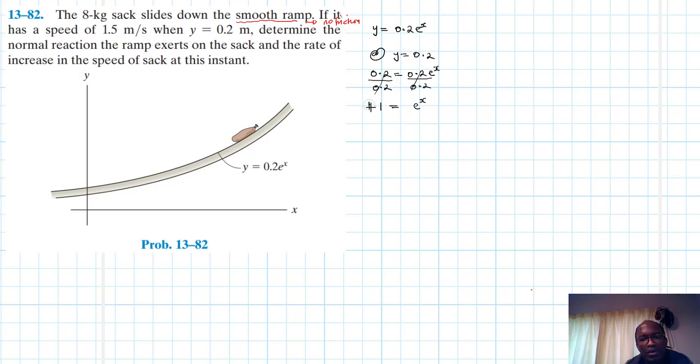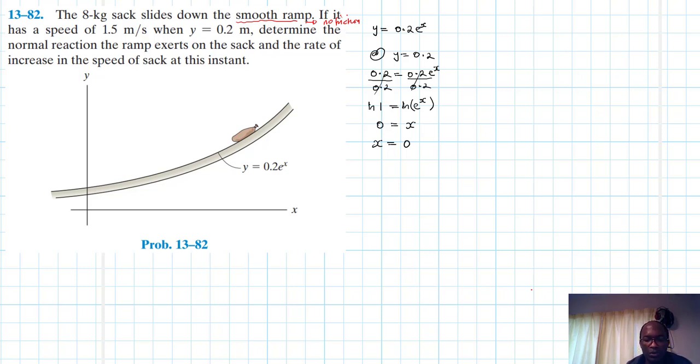Then we take ln on both sides. ln 1 is 0, so x is equal to 0 at y equal to 0.2.